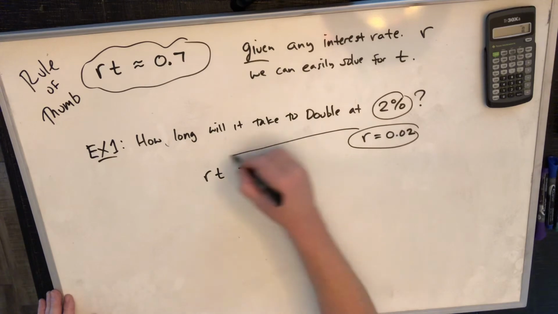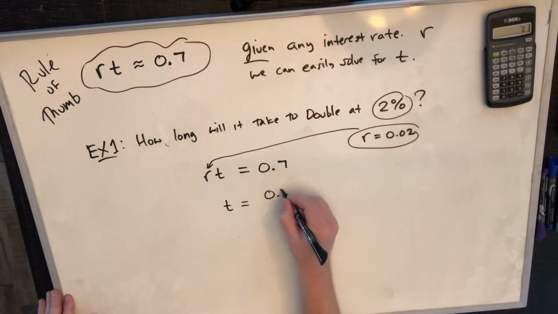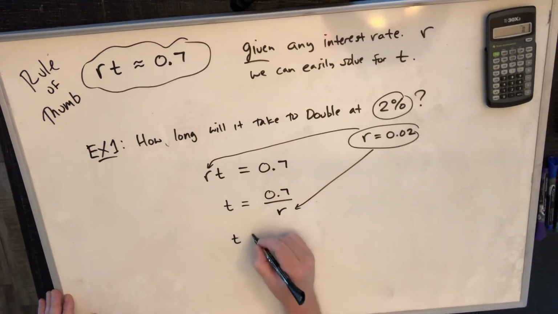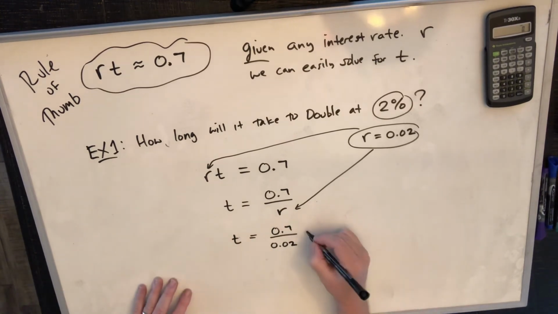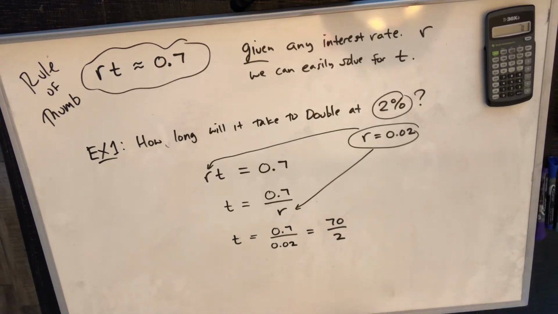We get a formula: T is 0.7 divided by R. That's 0.7 divided by 0.02. Or if you like, you can write this as 70 divided by 2. Just multiply the top and the bottom by 100.